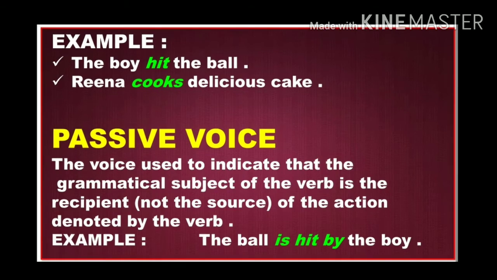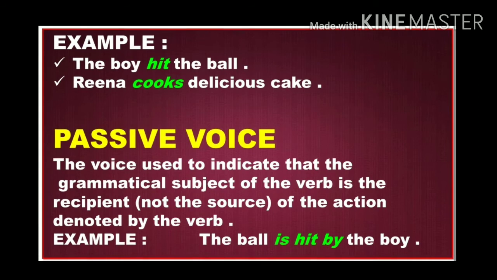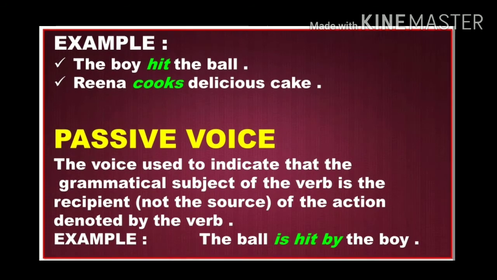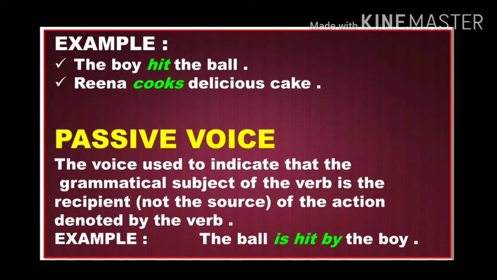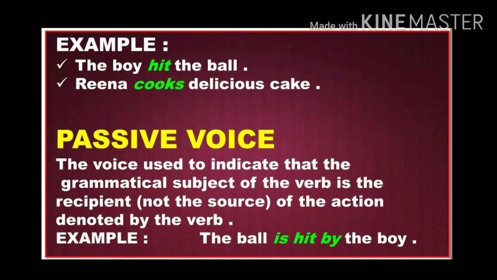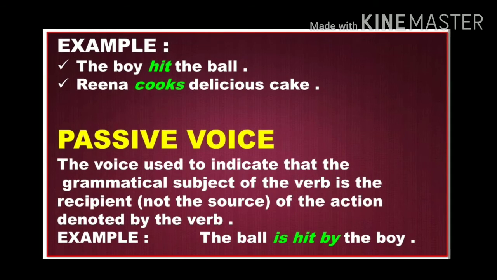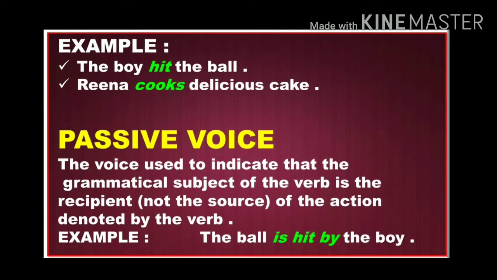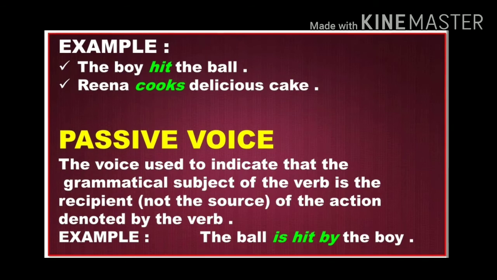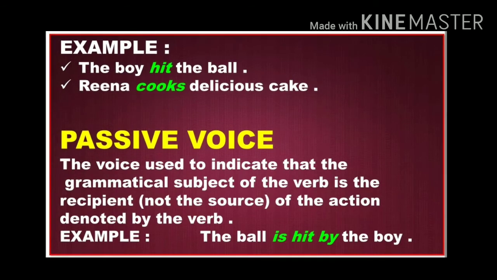Therefore, these sentences are in passive voice. Got it? Okay. So, once again I repeat. If the verb shows that the subject is not the doer of the action, therefore those sentences will be called a passive voice. Clear?